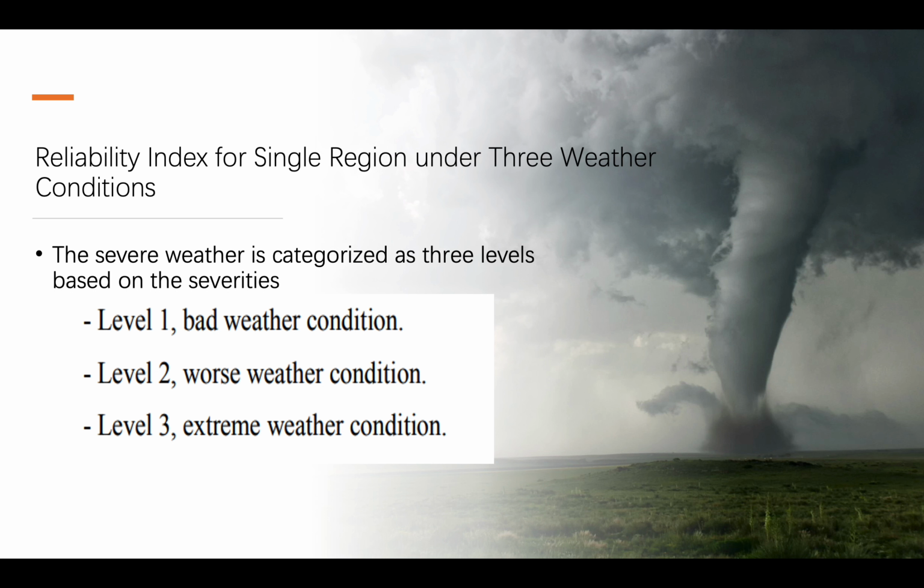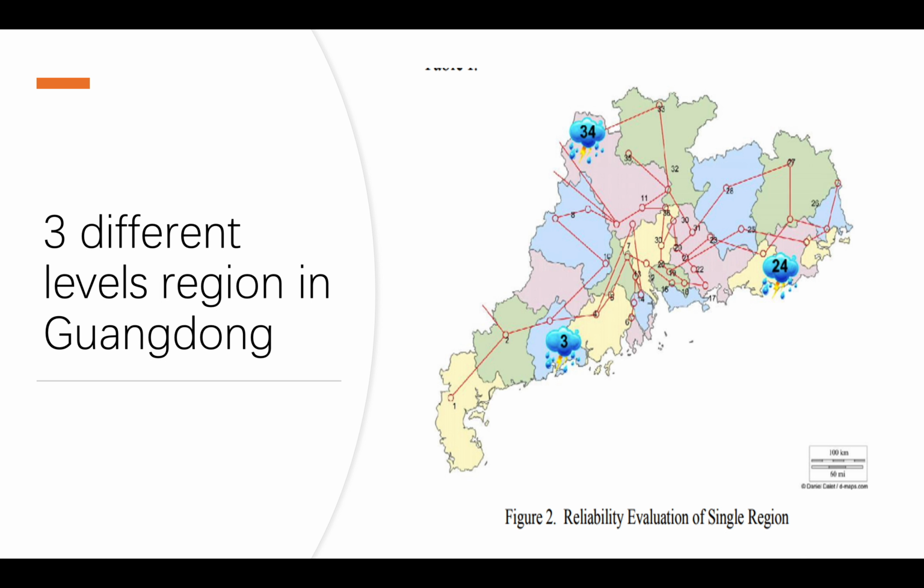And also the reliability index for a single region: I divided the weather conditions into three levels. Level one is the bad weather condition, level two is the worse weather condition, and level three is the extreme weather condition. I also chose three regions of different levels in Guangdong, which you can see in the red picture: number 3, number 24 and number 34.